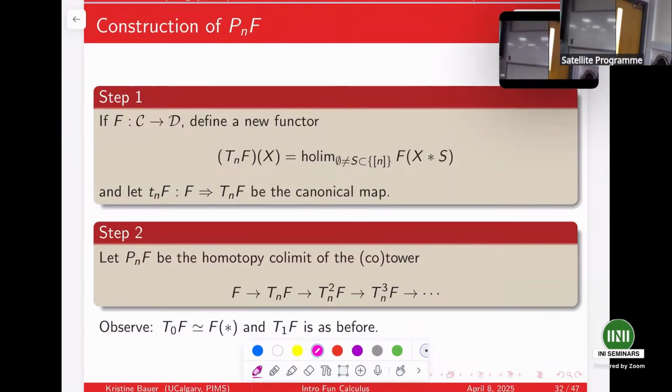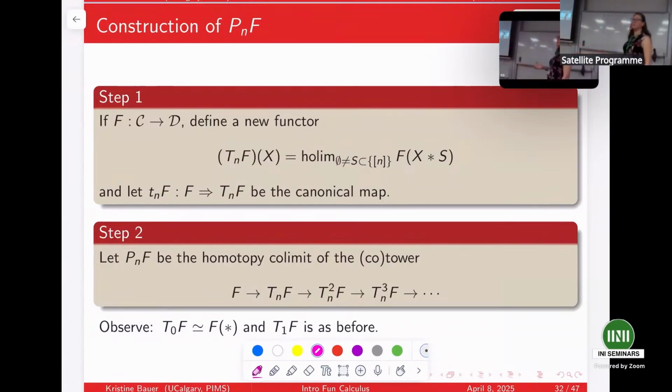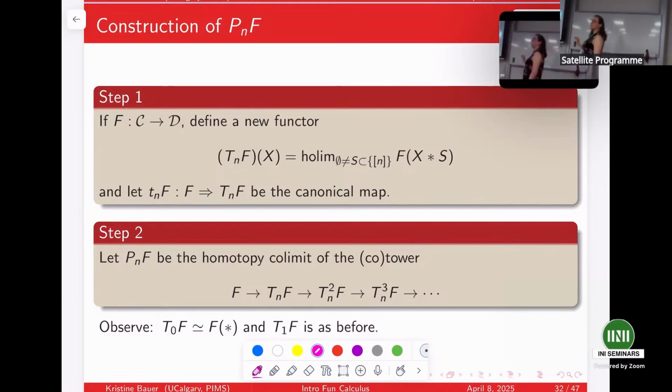And so what we do is exactly the same thing that we did. We populate the cube by taking these joins, which have the property that each of their faces are pushouts. I hit the thing with F. I take the homotopy limit of that. That's my T. And the idea of this is just like yesterday, that whatever n-excisive means, this should be a little bit more n-excisive than whatever F was. There's a canonical map comparing F to TnF.